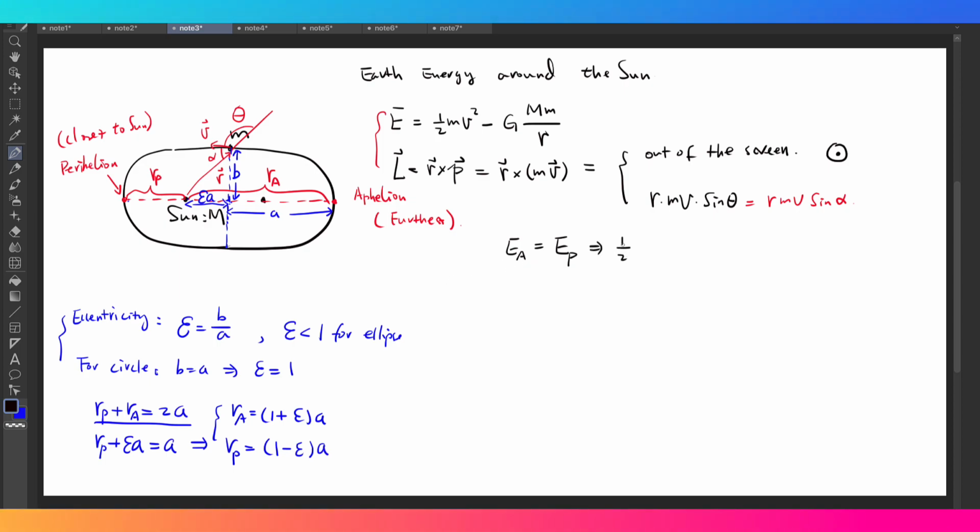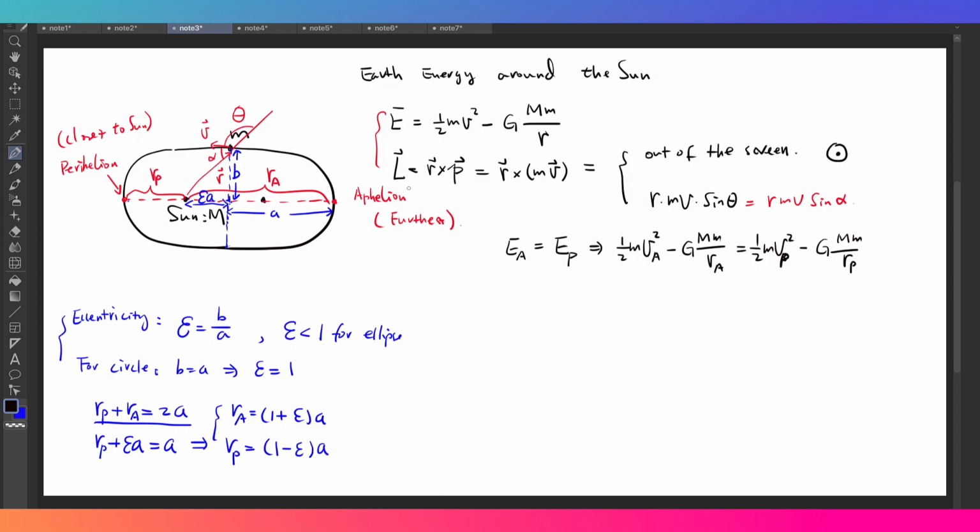We get 1/2 m VA squared minus GMm over RA equals 1/2 m VP squared, perihelion, minus GMm over RP. Yeah, this first equation we can write out.